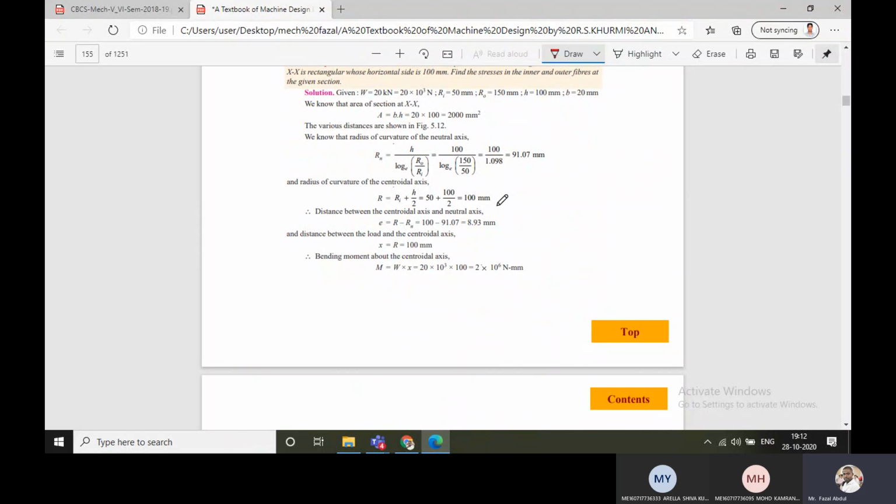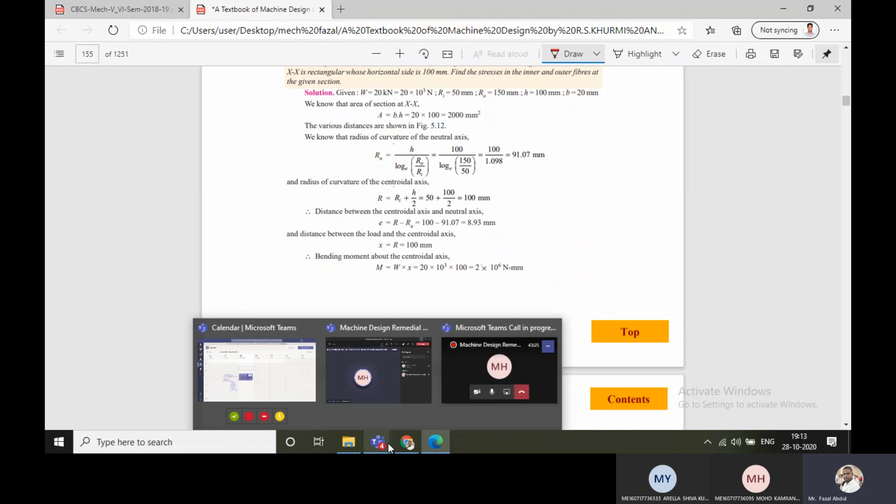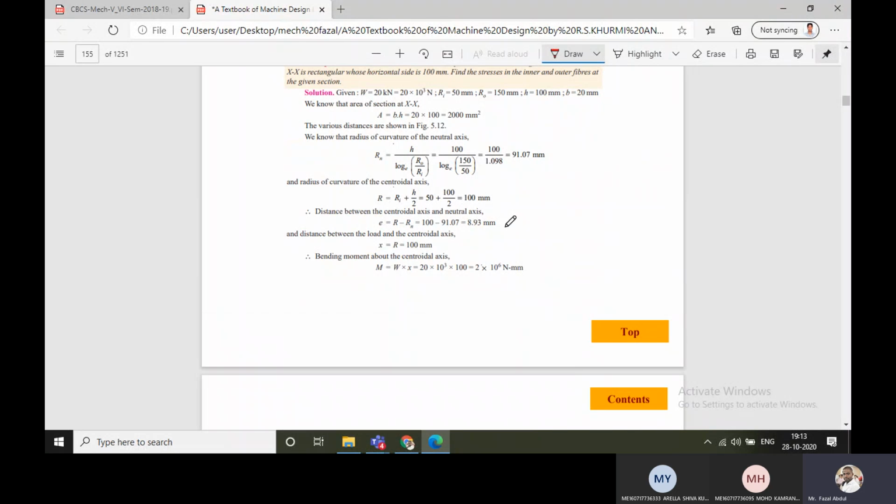Otherwise, he may ask to write some relations, the Rn value, the R value. I have just now shown some relations. Such relations may also be asked in the examination. If you write the relation, you can easily get the 3 marks or 2 marks.